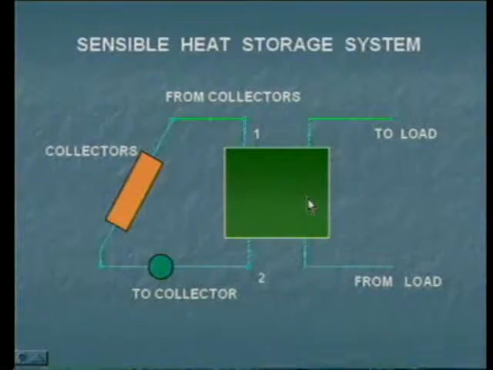By exchanging that heat, this media's temperature will be increased, and that hot media, air or water, will enter the load or energy source. Here in the case of sensible heat storage, the heat absorbed by the media in the load circuit is only the sensible heat. That means there is no change of phase of the media.